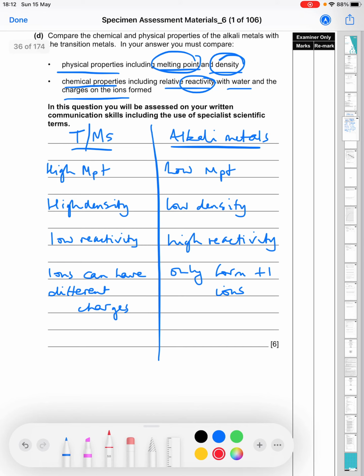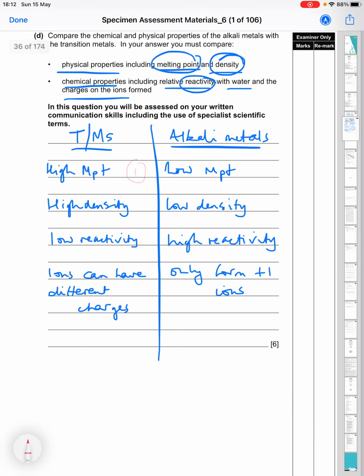So you'll see from this that there are a maximum of 8 points that you could get. Well, 8 indicative points. The way that this is marked, if you have between 6 to 8 ticks, you get 6 marks. 4 to 5 ticks, you get 4 marks.